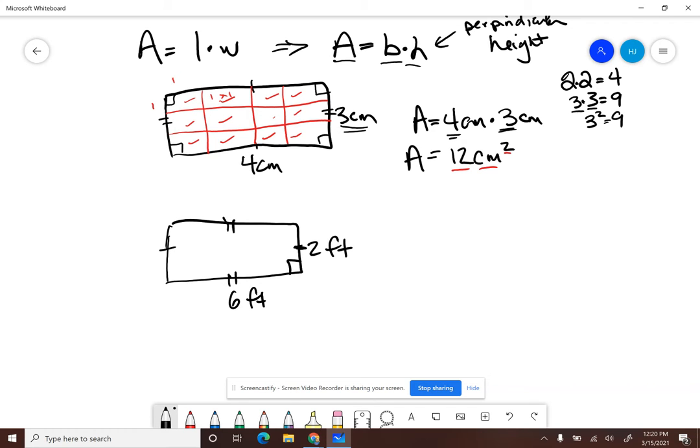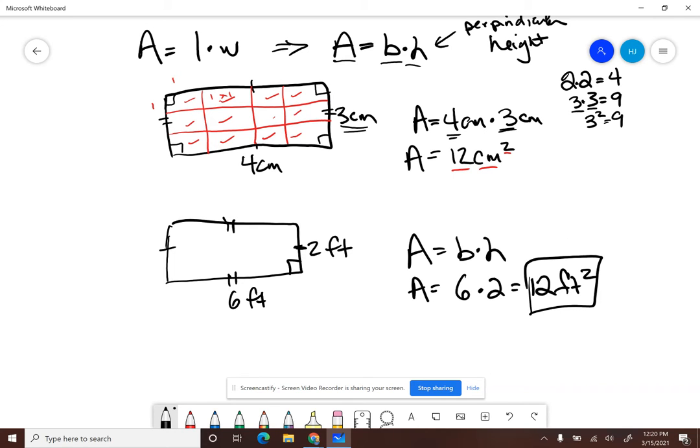So again, we know that is a rectangle just based on that information right there. So very simply, I just take my base times my height. So my base would be 6. My height would be 2. So that equals 12. But remember, I got to think about my units. So it would be 12 feet squared, or 12 square feet is another way that we would say that, okay?